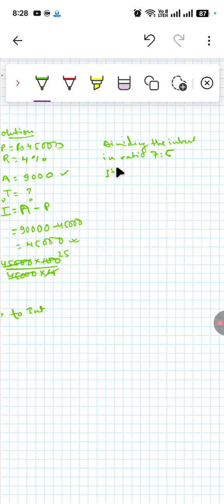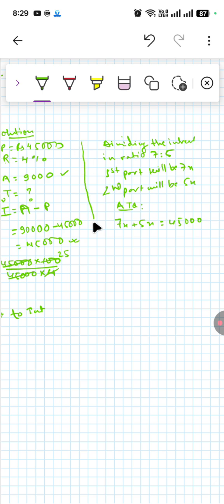So the first part will be 7x and the second part will be 5x, and adding both, that should equal 45,000. 7x plus 5x, we form an equation equal to 45,000. 12x is equal to 45,000, and the value of x will be 45,000 divided by 12.